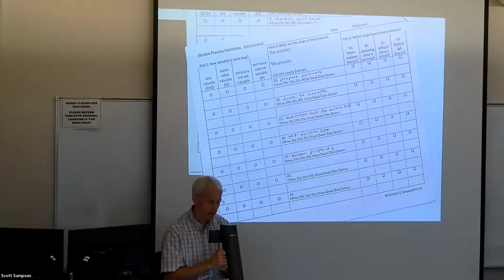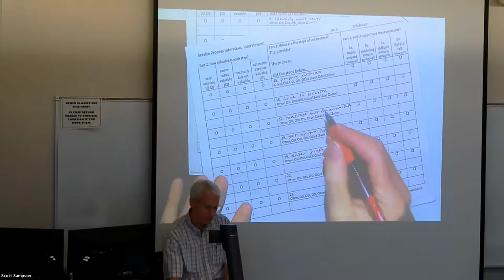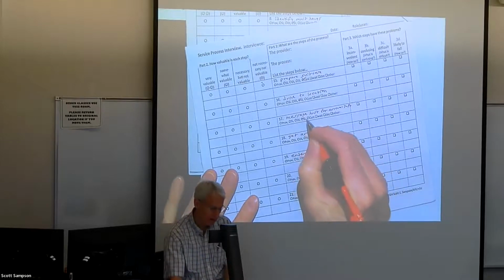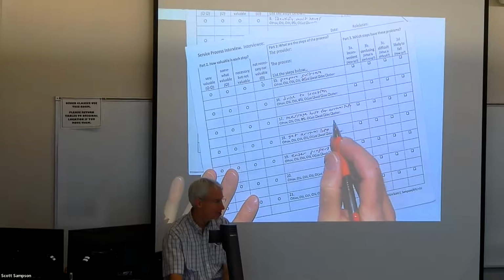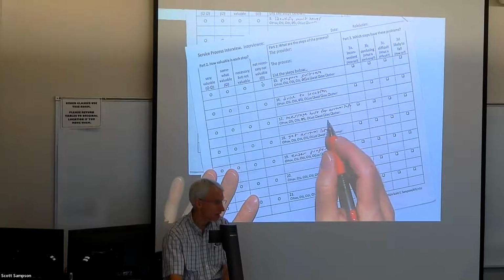So messaging the host is probably going to be a surrogate interaction, unless you call the person, which you usually don't do. And there might also be a parallel step, which is the host sending you that information. Right?